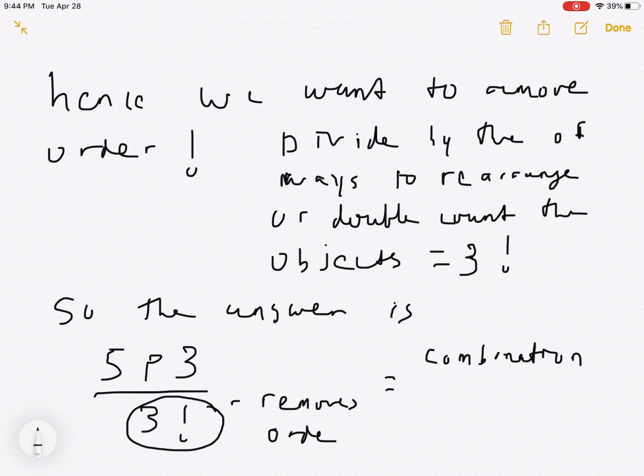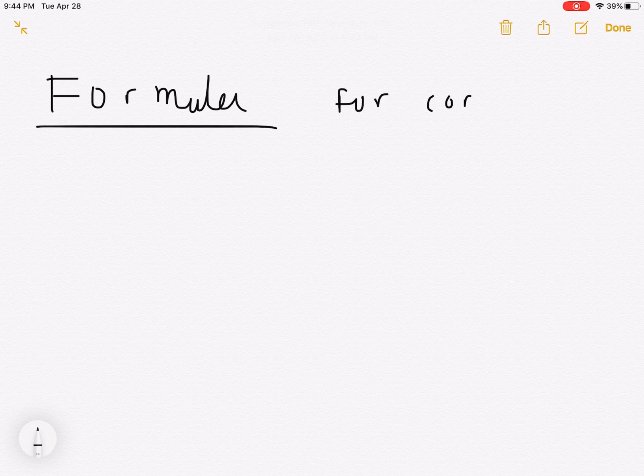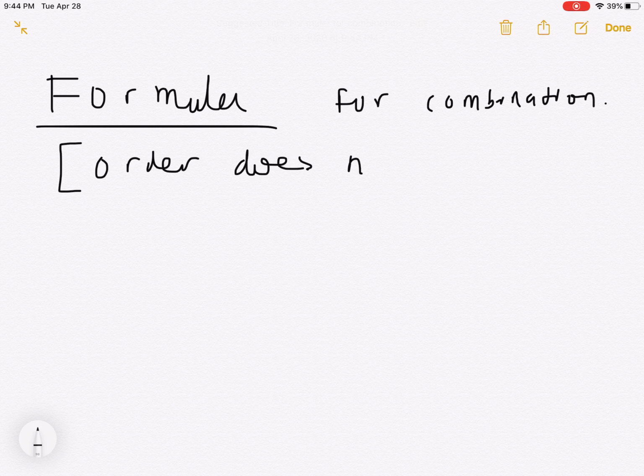Okay, and this is written as, there's 2 different ways of writing this. There's going to be n choose k or nCk are the common ways. And let me give you this formula for combination. Okay, and in a combination, order does not matter.